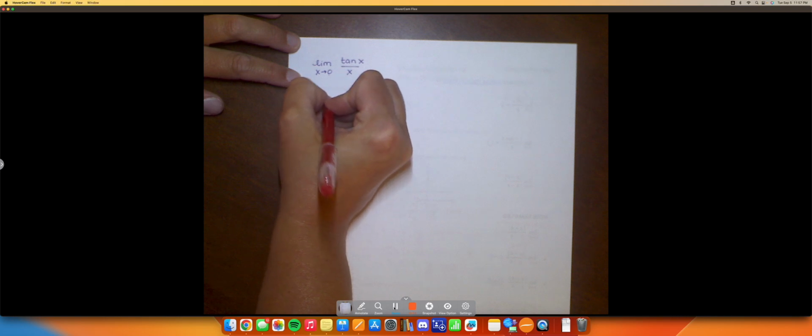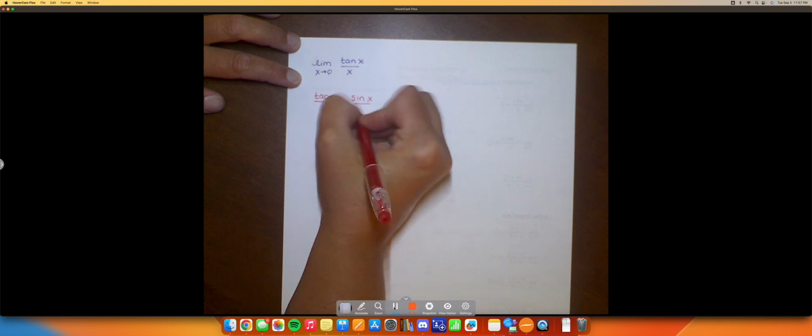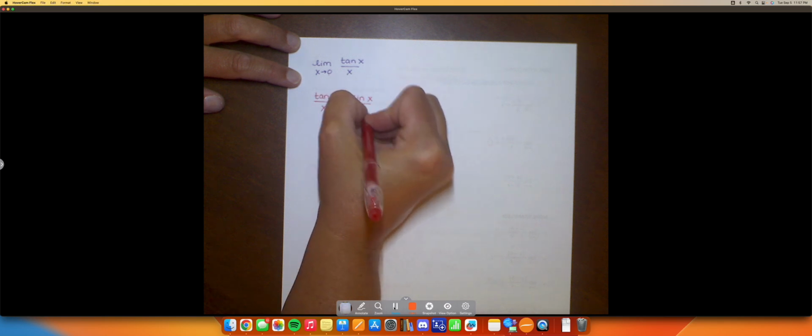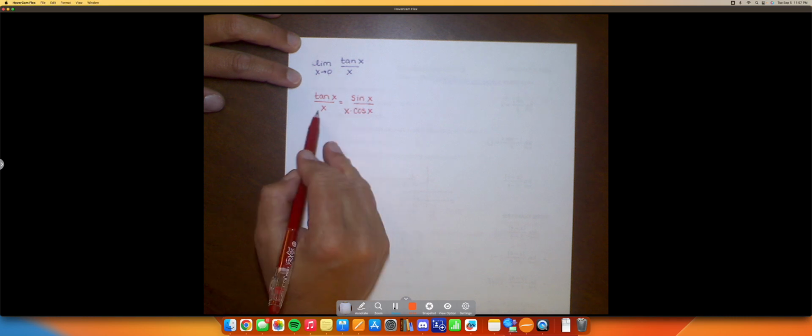Okay, what I want to remind you is that tangent of x is actually equal, let me rewrite my expression here. Tangent of x is actually equal to sine of x over cosine of x. But I still have this x on the bottom, so I'm going to leave that on the bottom with the cosine. So tangent became sine over cosine, and then this x is still here from my original expression.